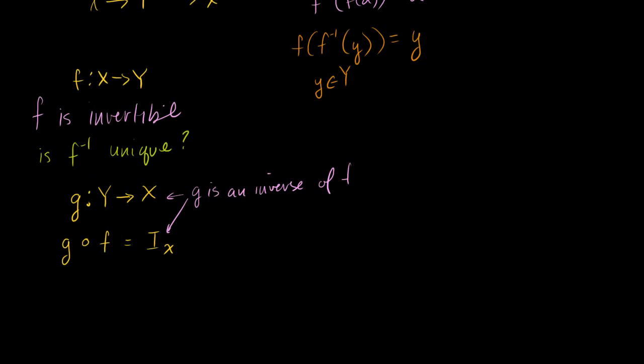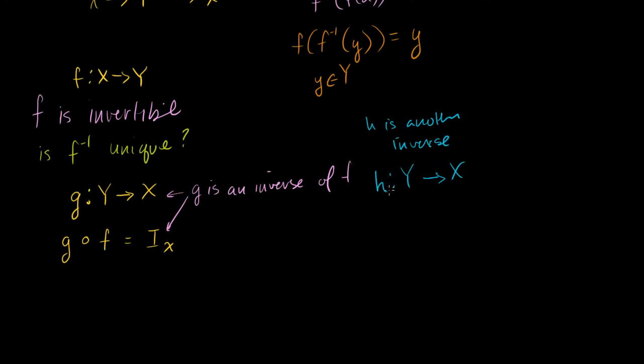Now let's say that h is another inverse of f. By the definition of an inverse, h has to satisfy two requirements. It has to be a mapping from y to x.